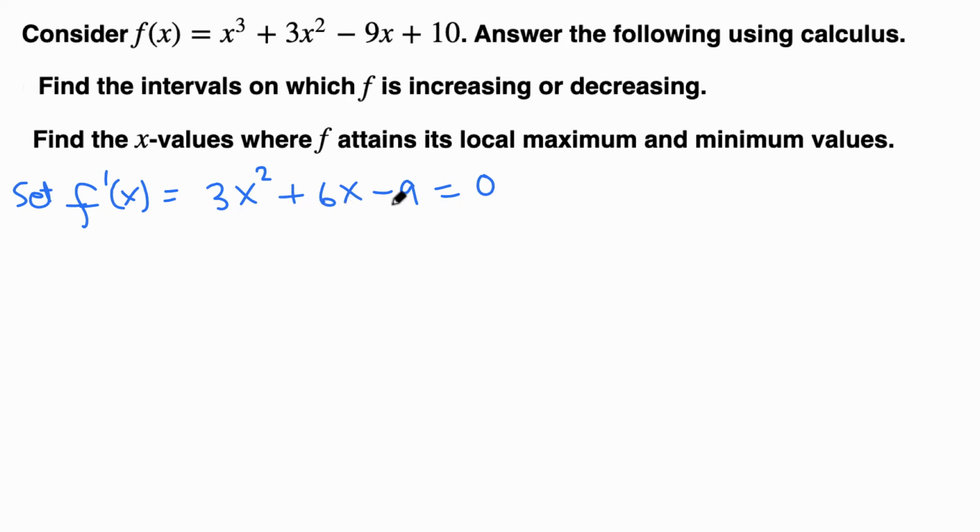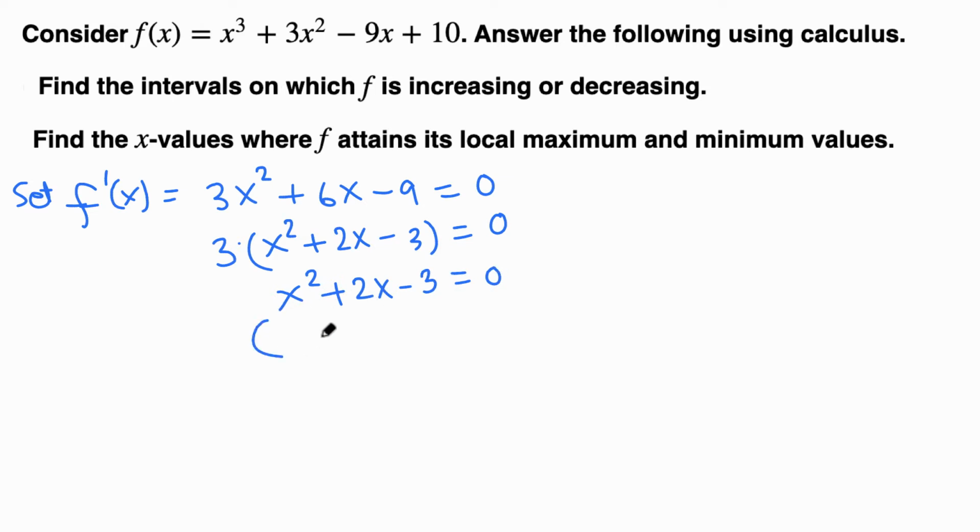3x squared plus 6x minus 9 equals 0. This is a quadratic trinomial. 3 divides all the coefficients, so we can factor 3 out. That leaves x squared plus 2x minus 3 equals 0, after dividing both sides by 3.